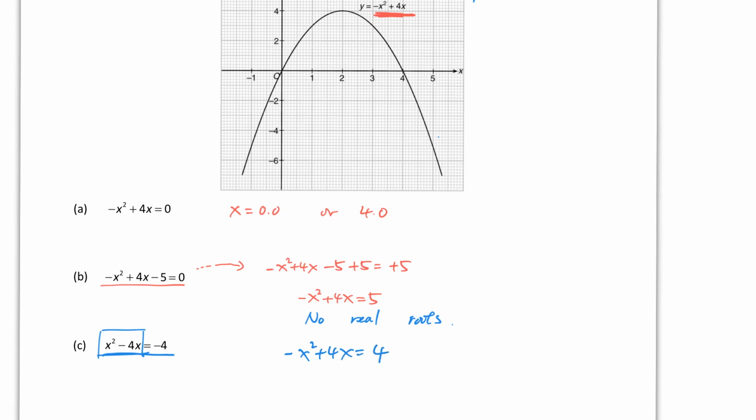And now, this is our equation when y is equal to 4. So go back to your figure to find when y is equal to 4, that means these positions, x is equal to 2.0. I just demonstrated how to make good use of the graph to solve quadratic equations.